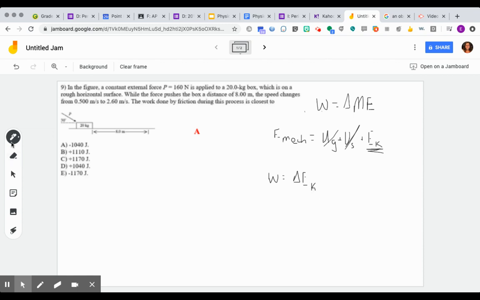We want to find the work done by friction, but we also have this constant force here that causes a displacement. So our net work will be comprised of what? What two forces do work on the system?